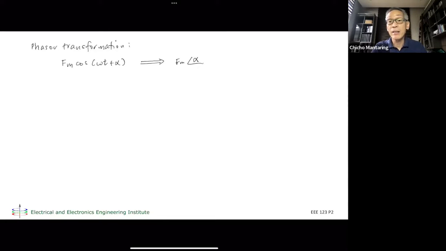F of m at an angle alpha, no? Where this is a Phasor. Sorry. I don't want to write it that way.